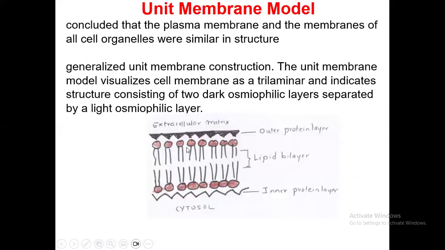So later on, the unit membrane model was proposed, and it was concluded that the plasma membrane and membranes of all the cell organelles were actually similar in structure, and hence the generalized unit membrane model was proposed. The unit membrane visualizes the cell membrane as trilaminar in structure and indicates that the structure consists of two dark or osmophilic layers separated by a light osmophilic layer.